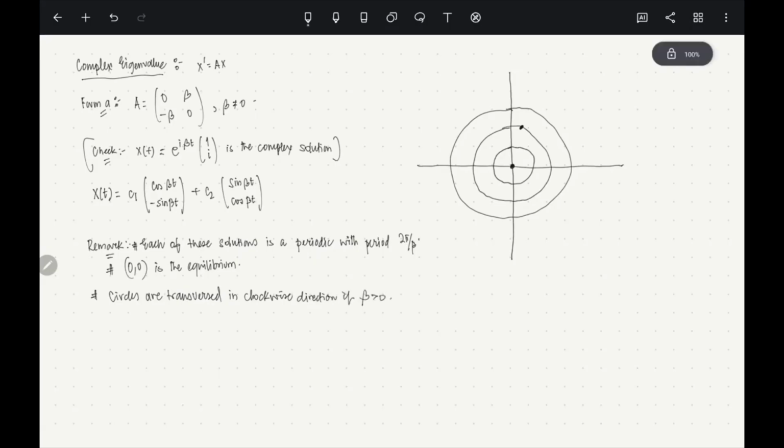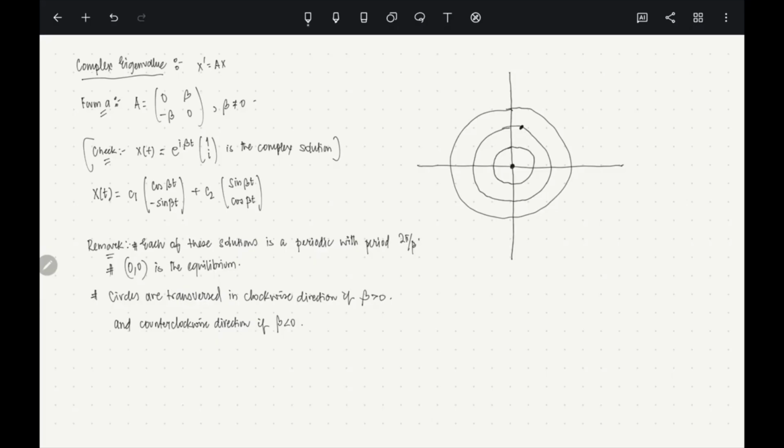I hope this is clear. I will explain to you why this is. Okay. And counterclockwise direction if beta is negative. Is it okay? Now, why is it true? You can just take one example and see. You don't have to worry about everything, because after change of variables, it's basically the same thing. So it's essentially a circle.